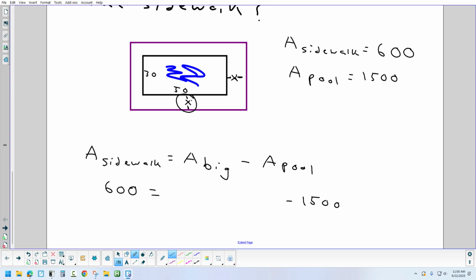Yeah. Length times width. Okay. So the first thing I need is the length of the purple rectangle. Well, it's bigger than the swimming pool. I know the part from here to here is 50. How much is this piece on the edge on the bottom? How long is that part?